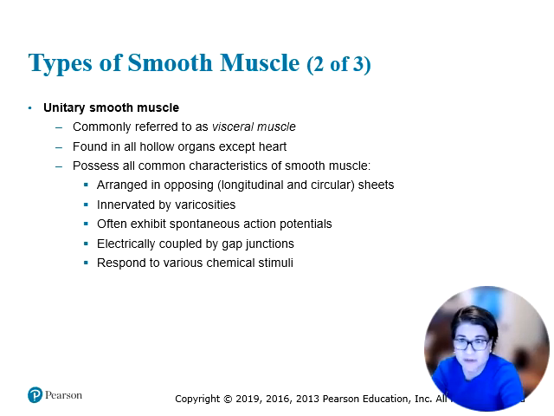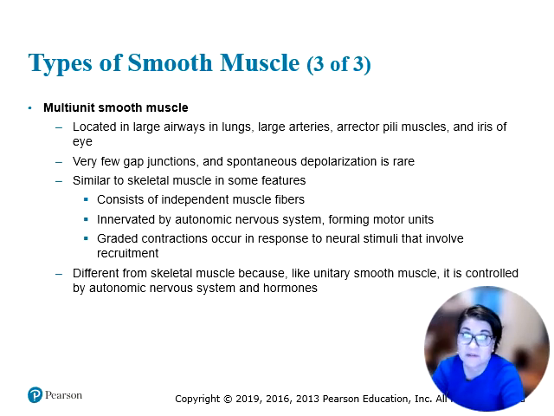It is innervated by those little varicosities, those little nerve junctions. It has the longitudinal and circular sheets. Sometimes it'll get its own action potentials. And the electricity can jump through gap junctions and contract other fibers, and it responds to chemicals too.